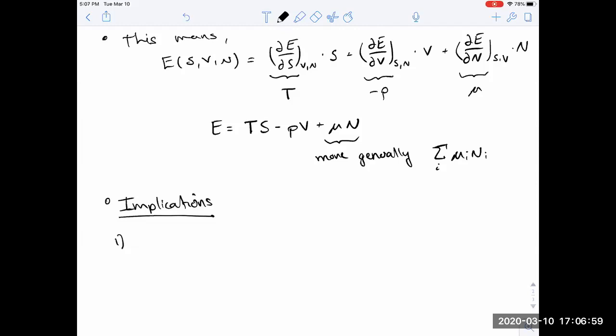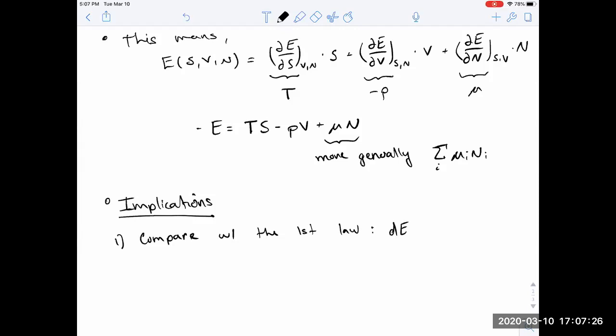The first is to compare what this linear relationship in the energy means to what we had previously from the first law. So if we compare with the first law, let's first remind ourselves what the first law was.